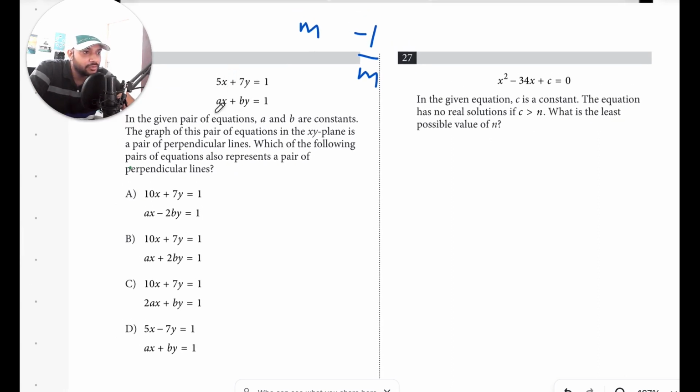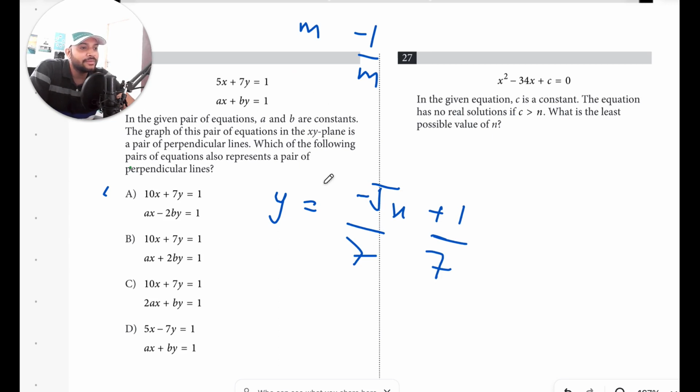So they're giving in terms of a and b. Cool. We need to find in terms of a and b. 5x plus 7y is equal to 1. Ax plus by is equal to 1. That means we can comment something about it: y is equal to -5x over 7 plus 1 over 7. That means the slope of the first equation is -5 over 7.